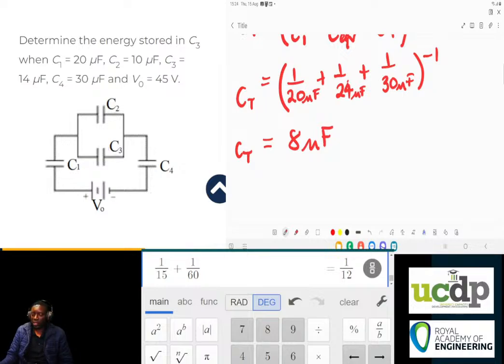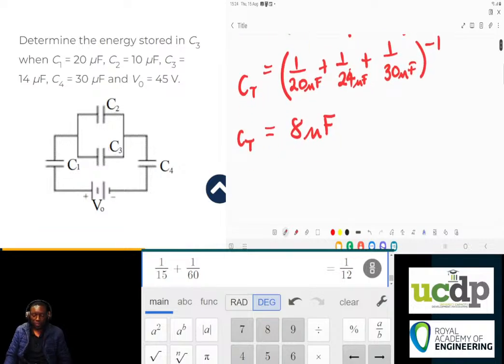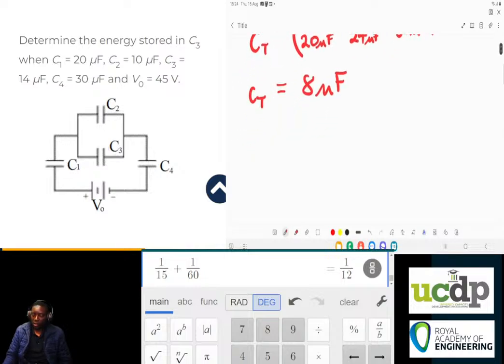How do we find that total charge? By multiplying the capacitance and the voltage. So Q, the total charge, is CT times the total voltage, which we already have.